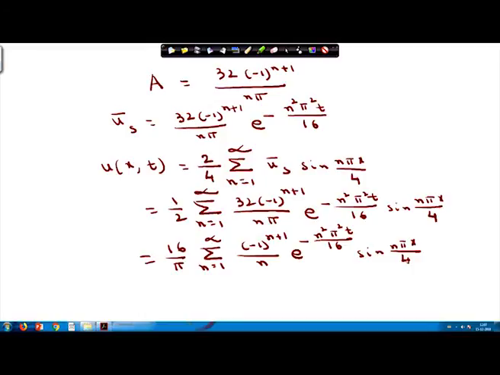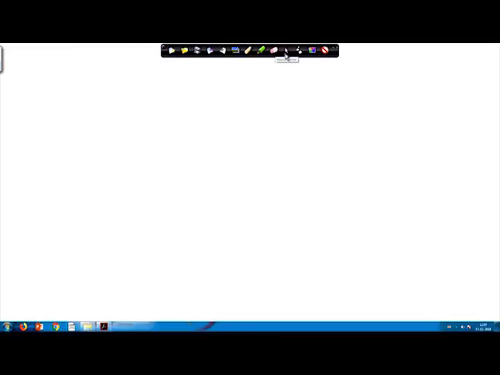Once I get u bar s, from there I can find u(x,t), and ultimately the solution of the given partial differential equation becomes u(x,t) equals 16 by pi into this result. So, let us see it.